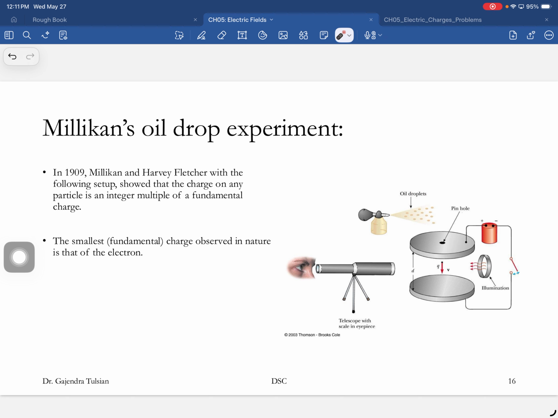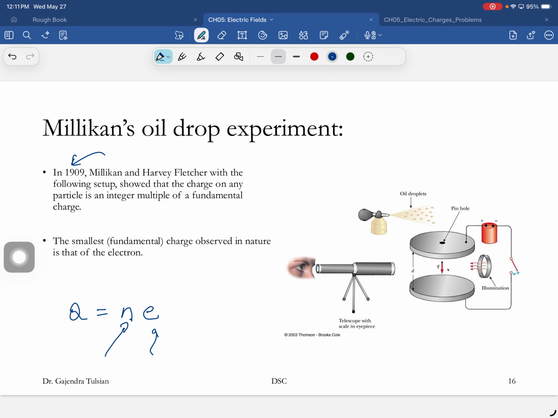He did hundreds of thousands of these experiments. And what he found was every time he measured the charge of the electron, it was always an integer number times a smallest charge, a minimum charge. This is the charge of the electron. Now we know. But we didn't know this before Mr. Millikan.